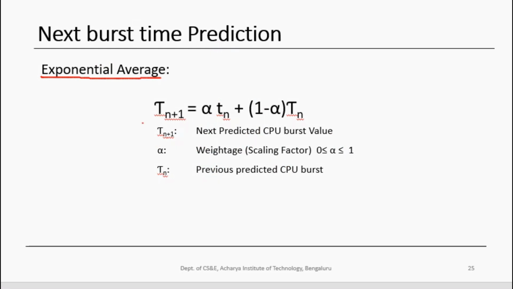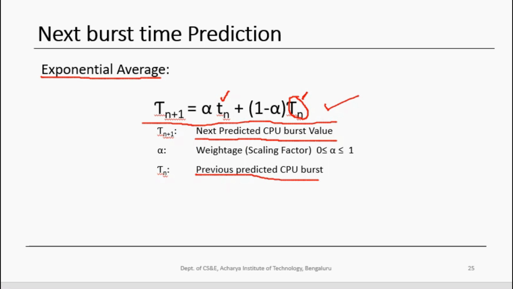So this exponential average can be found using this formula, where tau n plus 1 is the next predicted CPU burst value, Tn is the previous actual CPU burst time, and tau n is the previous predicted CPU burst time.